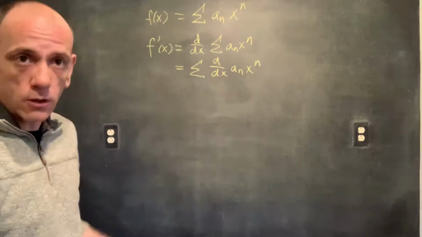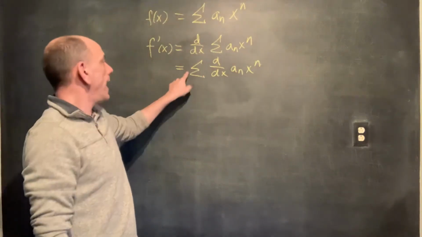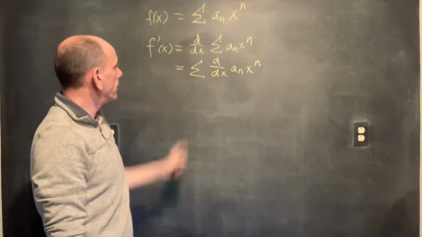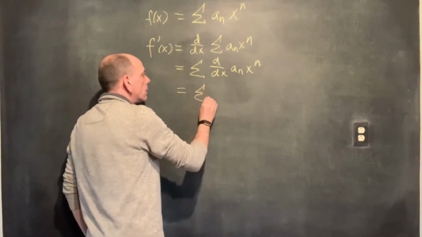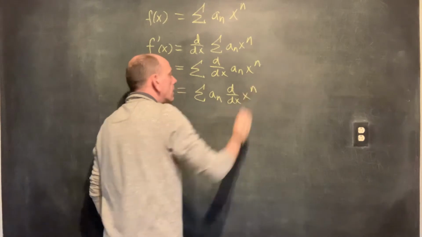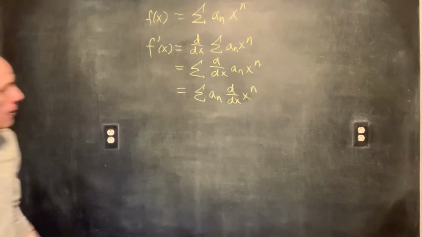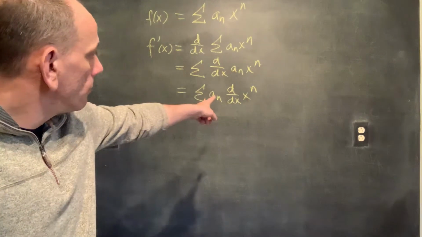So that's okay to do. Now I can pull a constant outside of a derivative, and I could have pulled it outside of the sum anyway, and then pulled it outside of the derivative. So either way, all I'm doing is power rules, right? I'm just doing power rules.